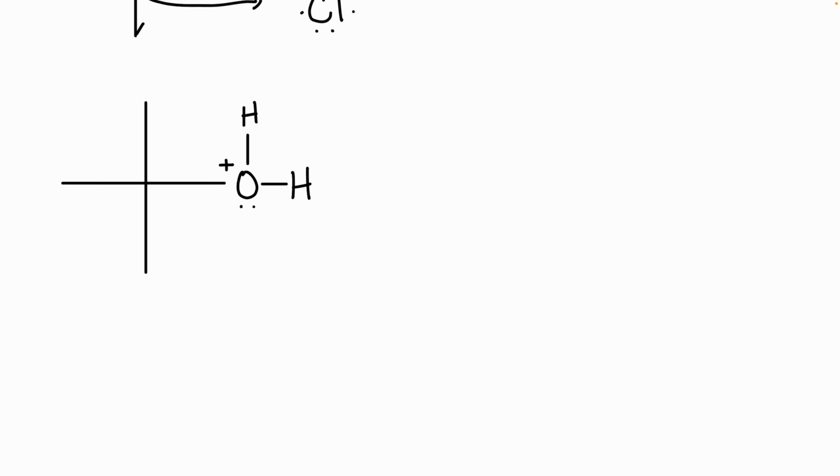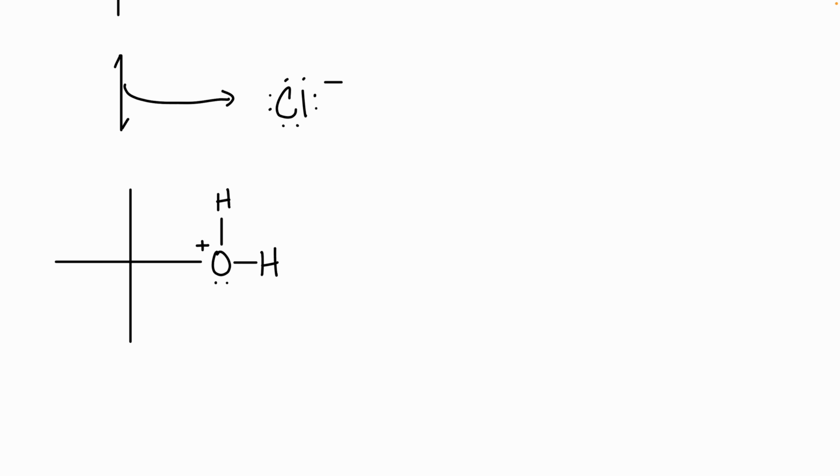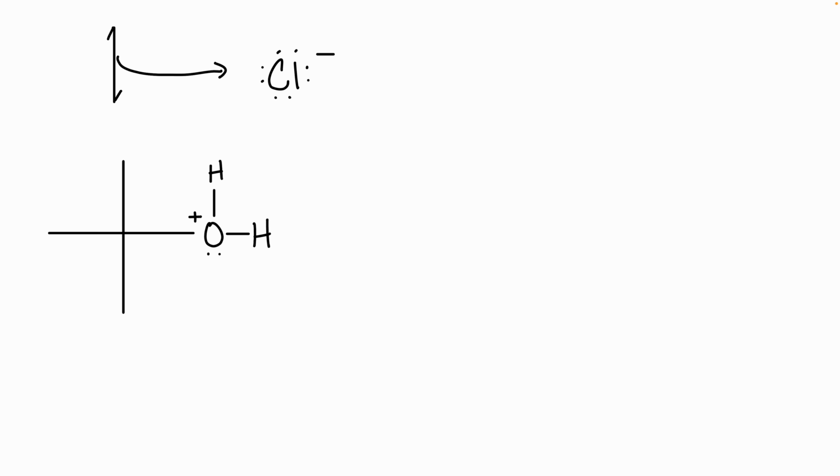Cool. All right, so this next step here is not one that you would necessarily intuitively know. However, it does make sense because of our discussion of carbocations. It turns out that this thing here is now a good leaving group. Why is it a good leaving group? Because it will just leave as a neutral water molecule.